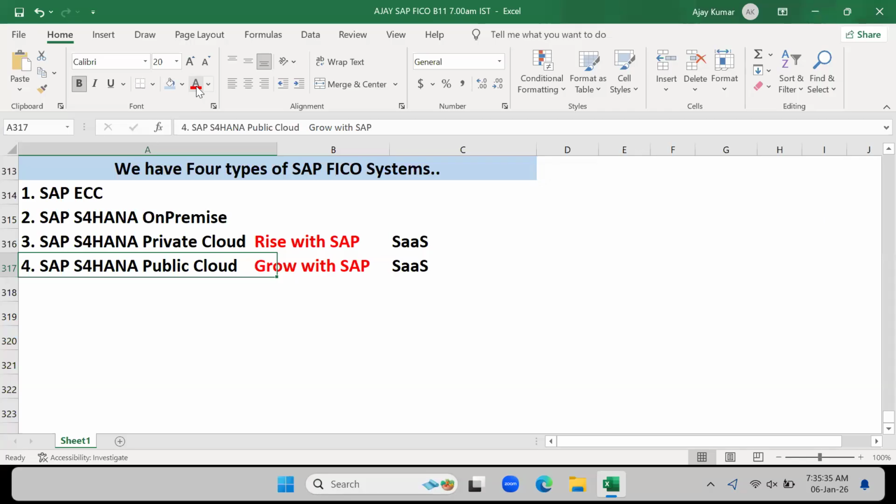Yes. And slowly we need to start understanding why the company is manufacturing the same car like this. Because they have different categories of customers, right? When you start connecting every point, you automatically start understanding SAP FICO.